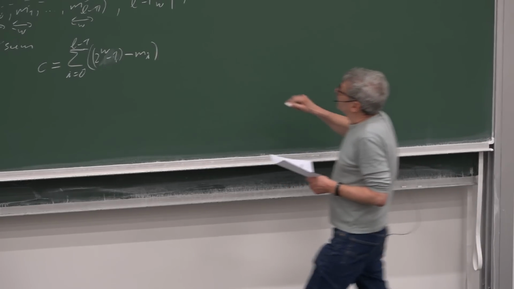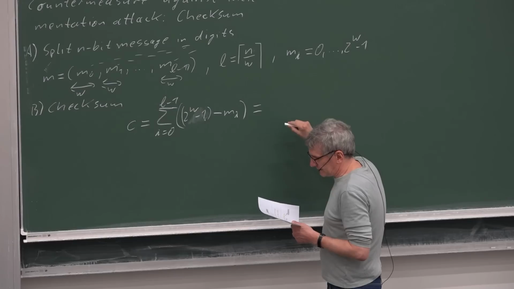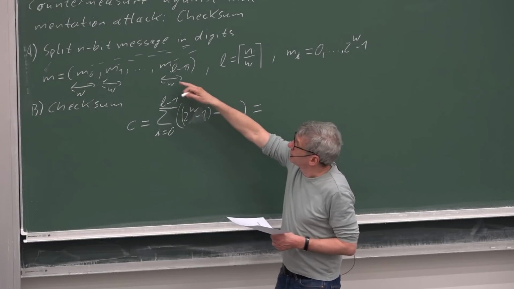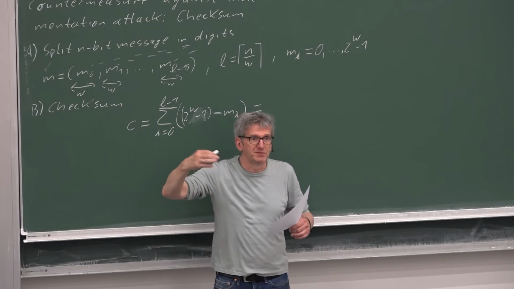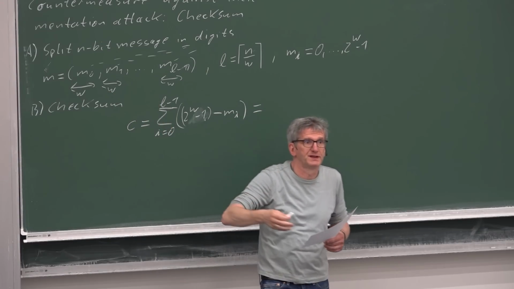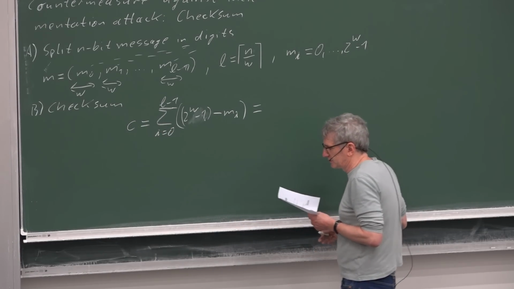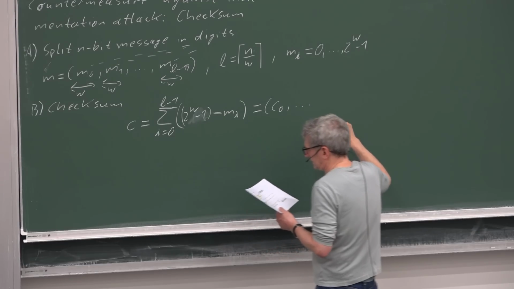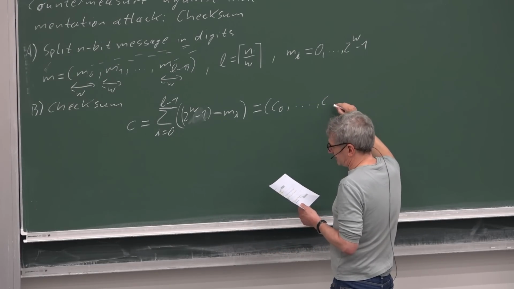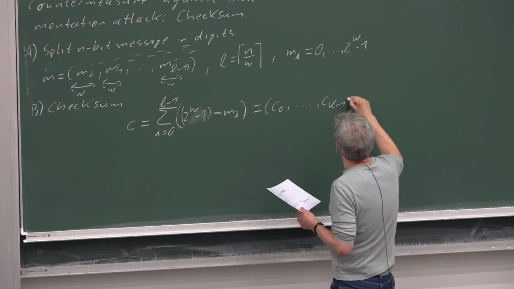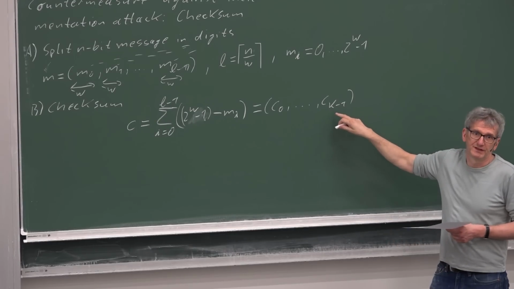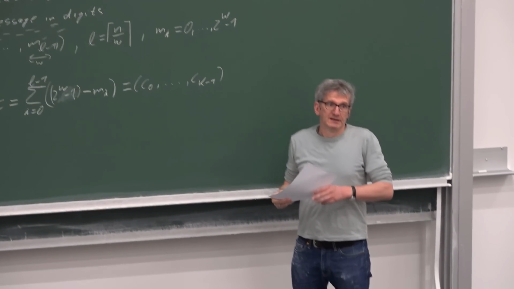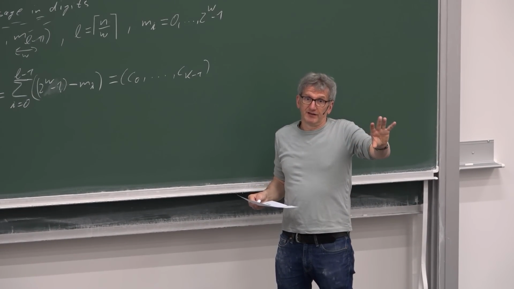Okay, so what you get out here is, you add up values with W bits and you add maybe a bunch of them. So you get more than W bits out. You get, again, a string of digits out. And we assume this is equal to k, right? And this might be a little hard for you to see.